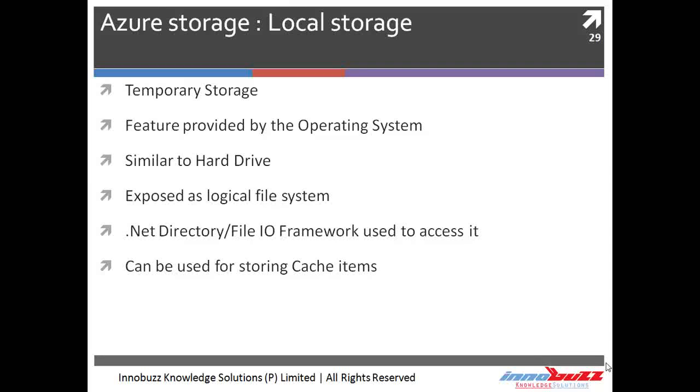The core features of local storage are temporary storage. Features provided by the operating system are similar to a hard drive, almost a simulation of a hard drive. It's exposed as a logical file system, and the .NET directory file IO framework is used to access it, and it can be used for storing cache items.